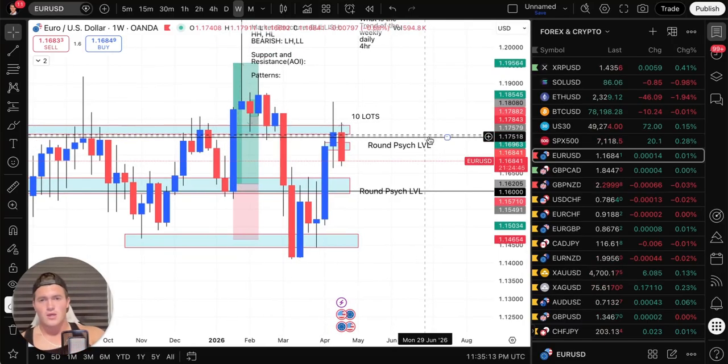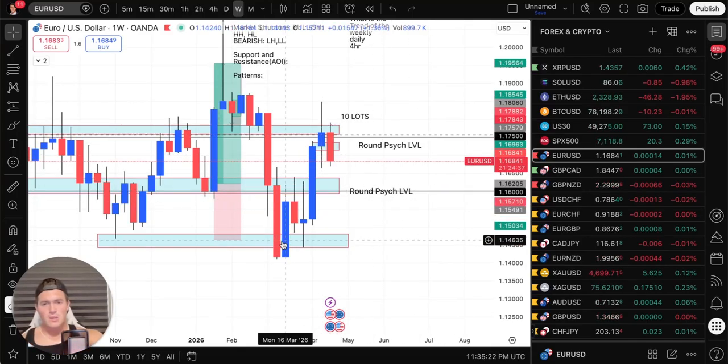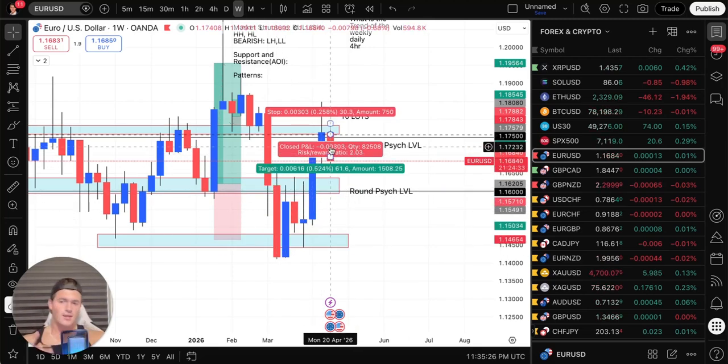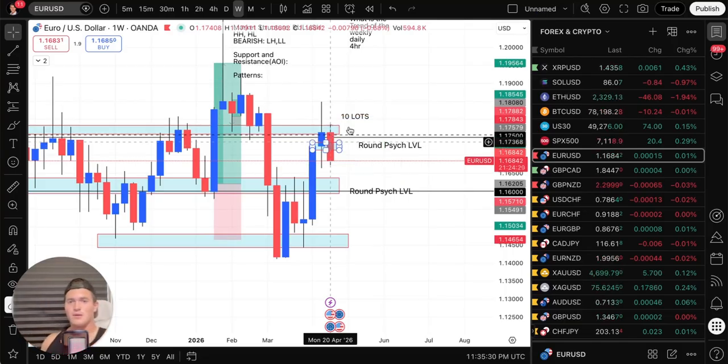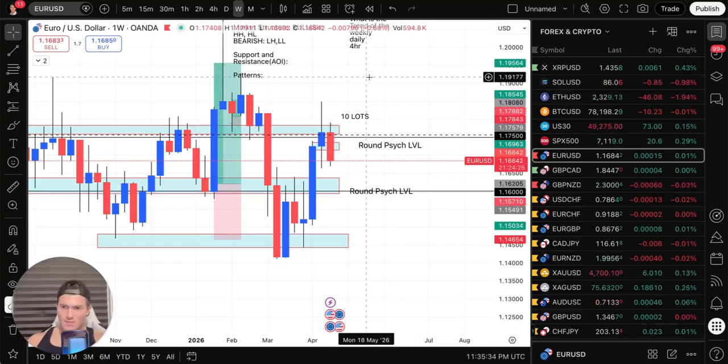So here on the weekly, I can look at it right now and I can just tell that it's bearish overall. Even though it might look like it's going up, it's actually still bearish and we would be selling the market or shorting the market. Let me explain why.